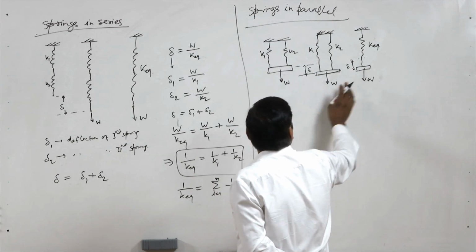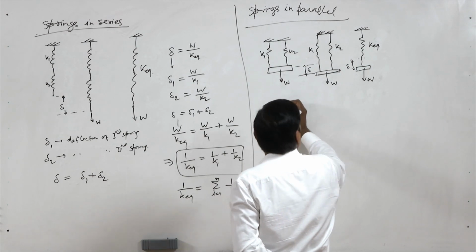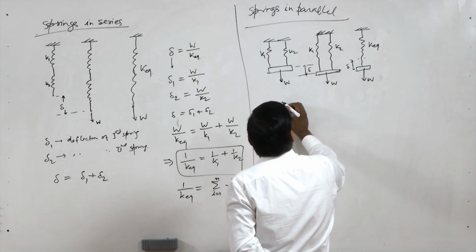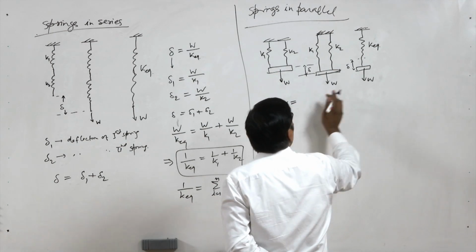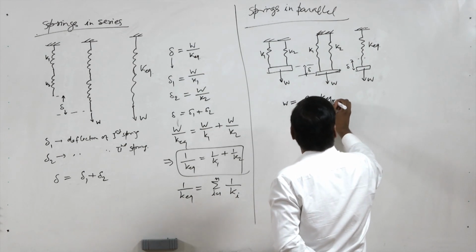Now for this equivalent we can write W equal to delta into K equivalent.